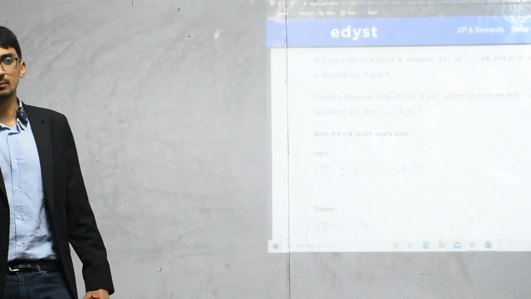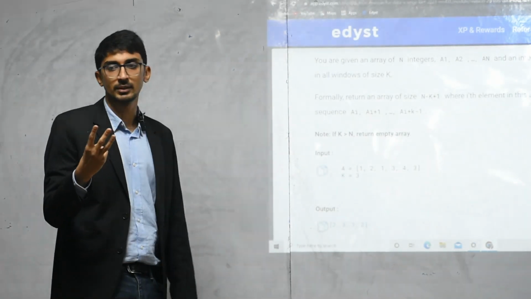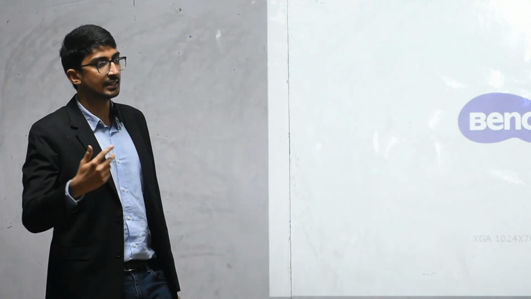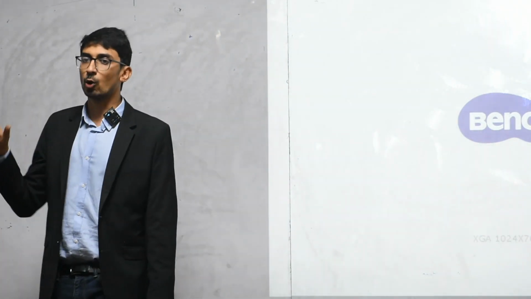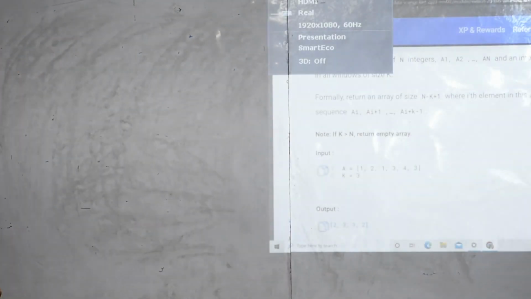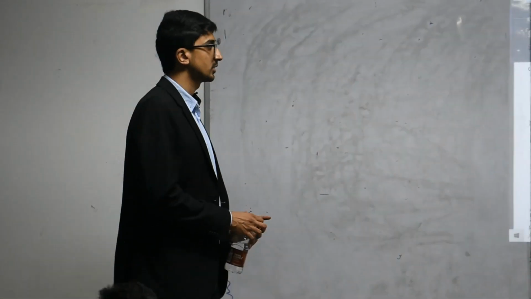So if I say 3 elements, which indexes will you choose? First 3 elements. What are the indexes? 0, 1, 2. Then the next window will be 1, 2, 3. Then after that 2, 3, 4. So if there are n elements, how many such windows will exist?